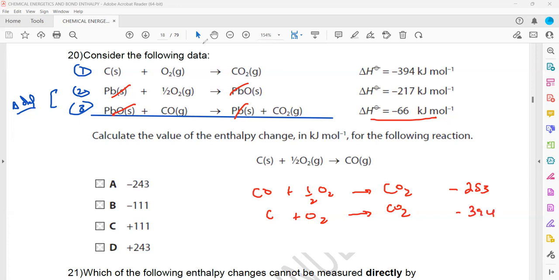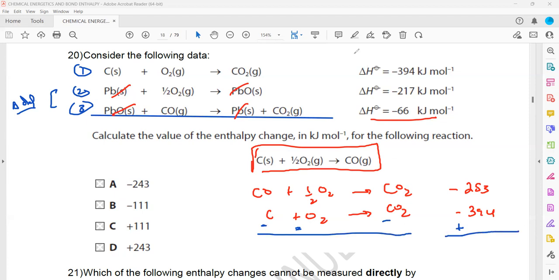Now we don't want carbon dioxide because in our final equation there is no carbon dioxide. So we can subtract, because the carbon dioxide is on the same side. So in that case, we subtract the two equations. When we subtract, this will be minus, this will be plus, this will also be minus, and this will be plus.